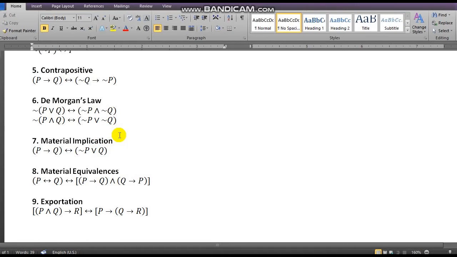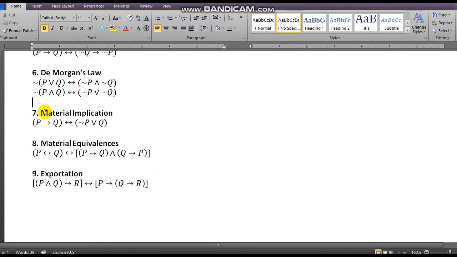That's the same logic. So the not of the statement P or Q becomes not P and not Q, while the not of the statement P and Q becomes not P or not Q. We distribute the negation, but the or becomes and and the and becomes or, much like when you distribute a negative in a binomial.